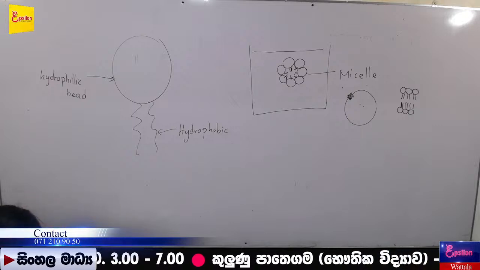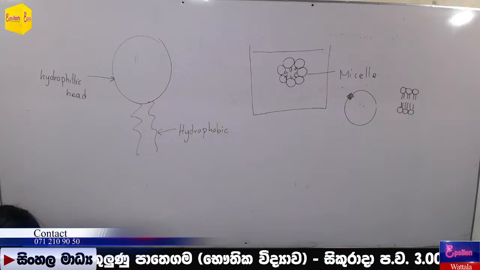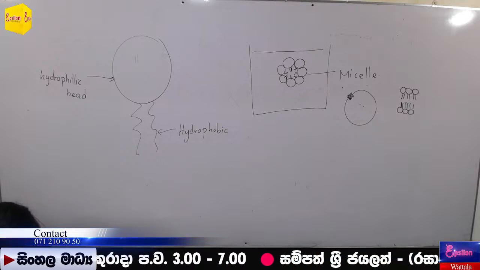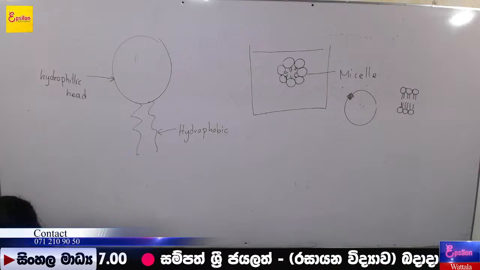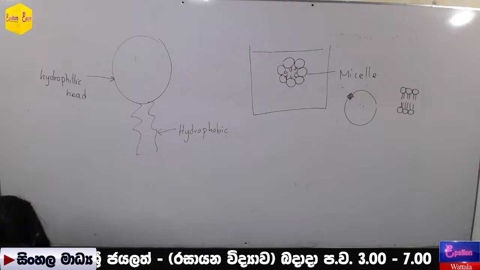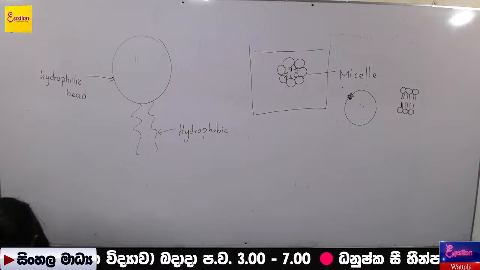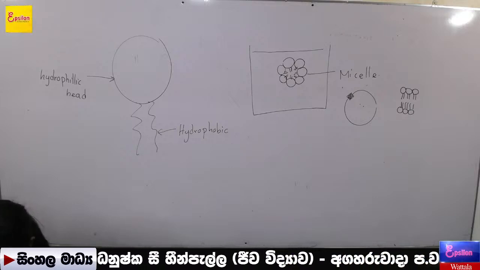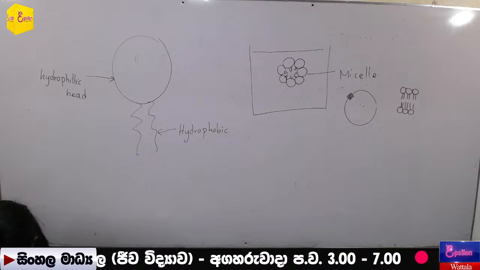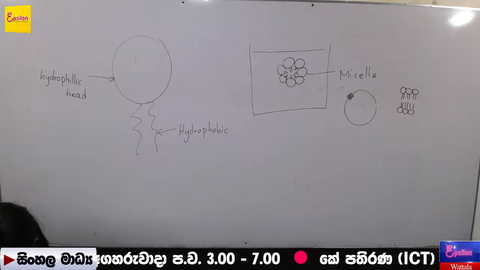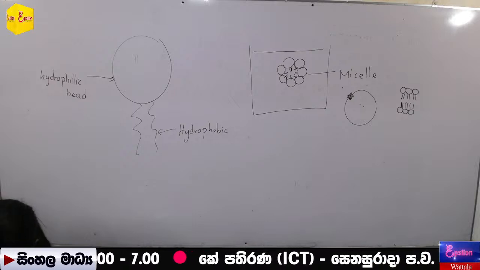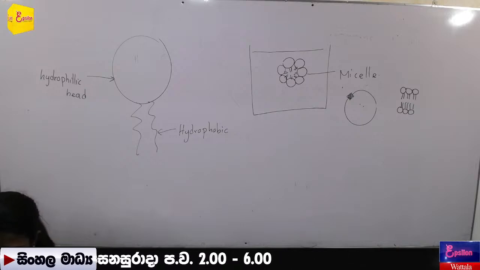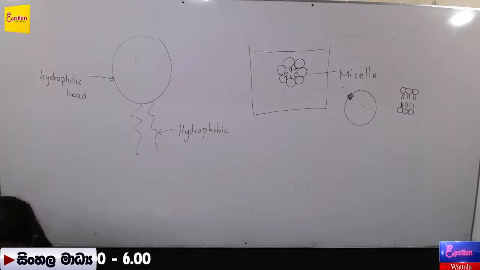Next one. The phosphate group gives a negative electrical charge to the phospholipid molecule. You may see in the picture O minus is there, no? That's why it's negative, right?